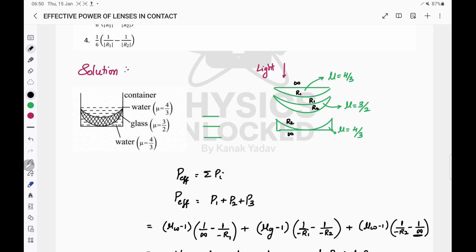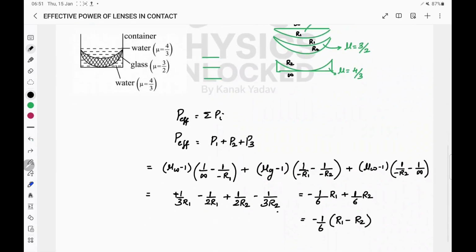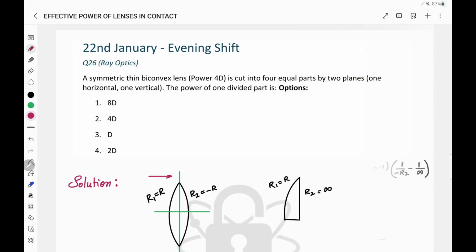And the second surface of the lowest lens is flat, therefore its radius of curvature is infinity. Now, if I substitute the value of refractive index of water to be 4 by 3 and that of glass to be 1.5, we will end up with these four terms only. So all you need to do is simple arithmetic and you're supposed to end up with minus 1 by 6 into R1 minus R2.